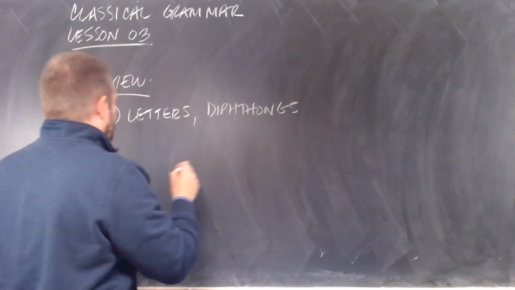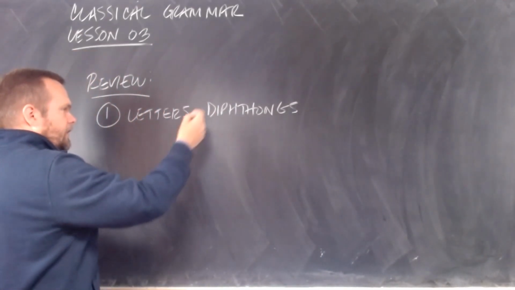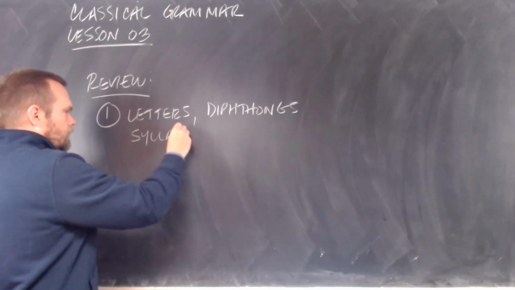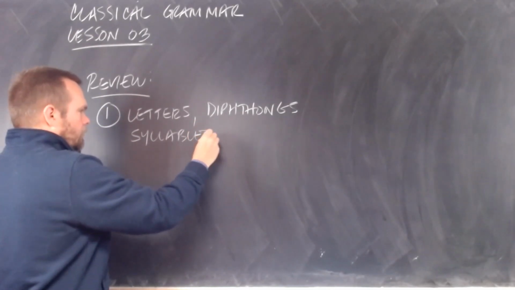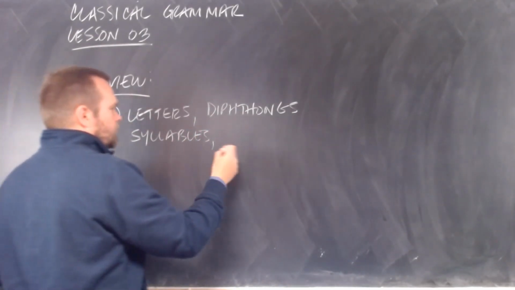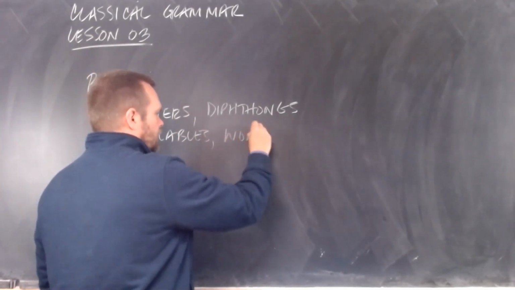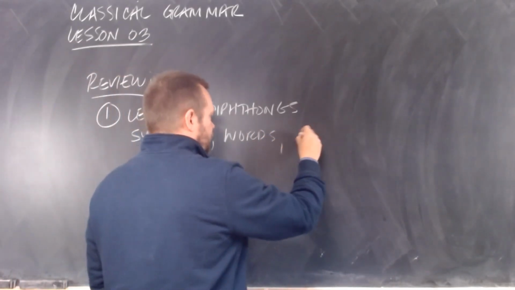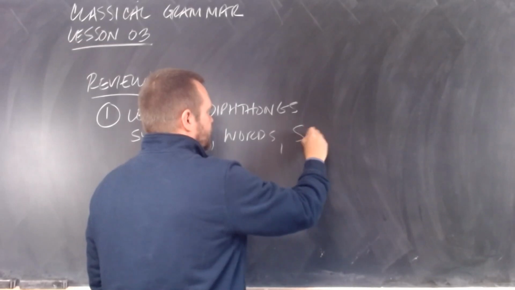We then learned that vowels, consonants, and diphthongs are joined together to make syllables, that syllables are joined together to make words, and that words are joined together to make speech or to make sentences.